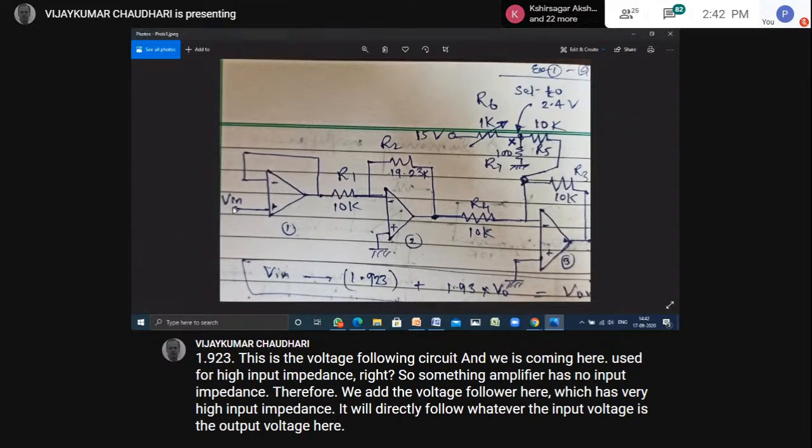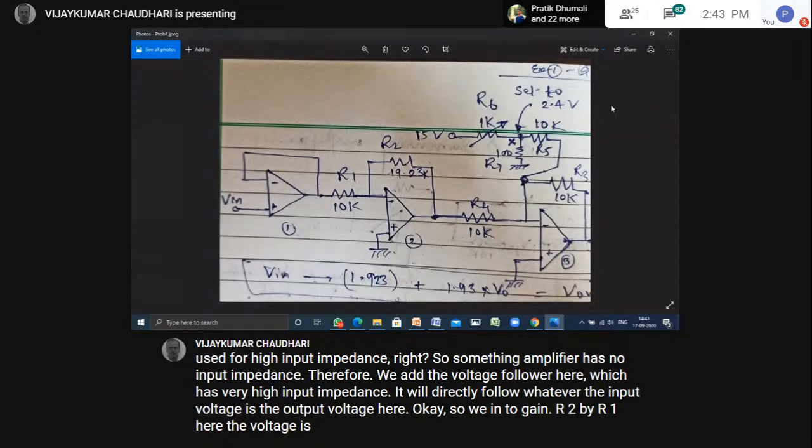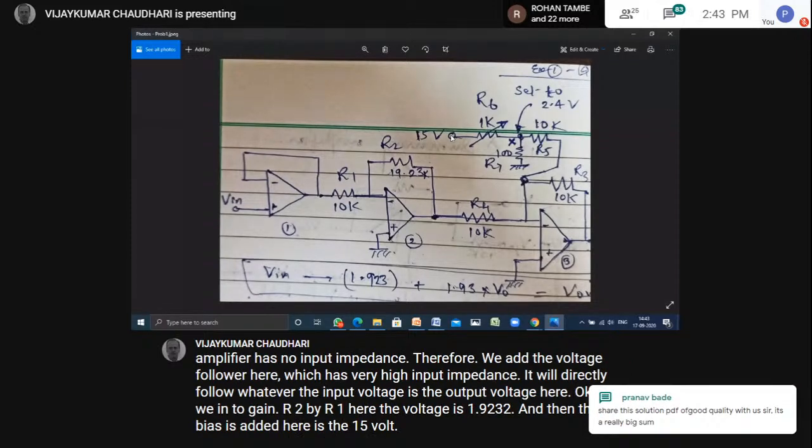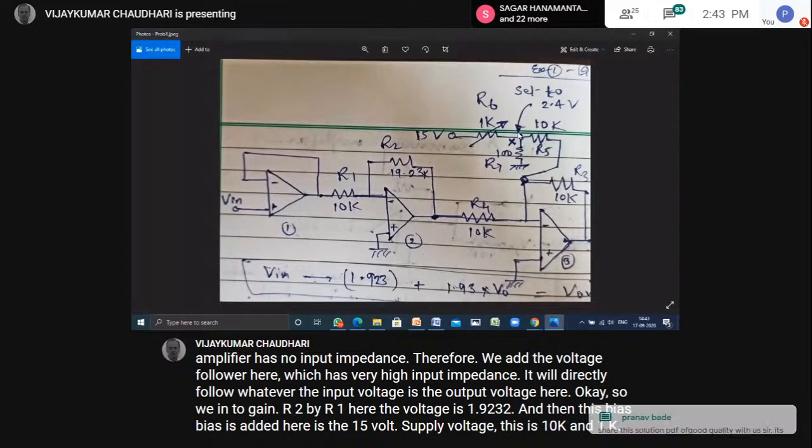So Vin into gain R2 by R1, here the voltage is 1.923 into Vin, and then this bias is added. Here is the 15 volt supply voltage. This is 10K and 1K. It's a voltage divider circuit, right?